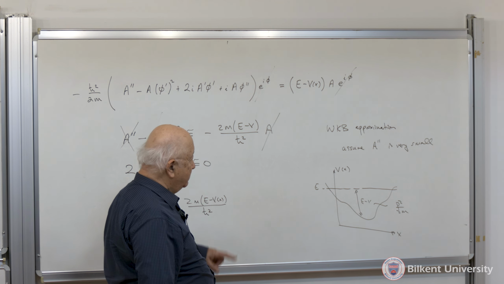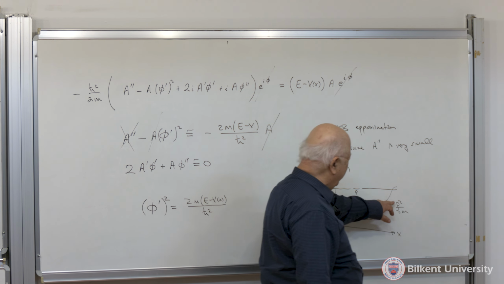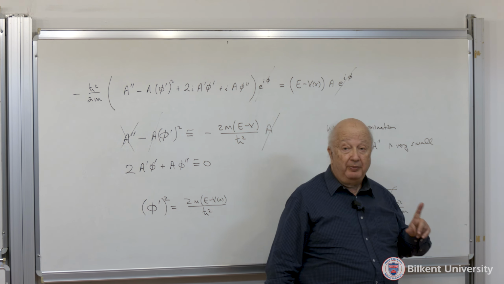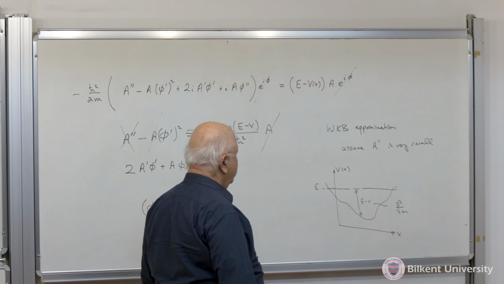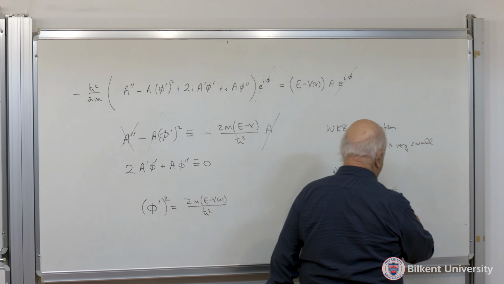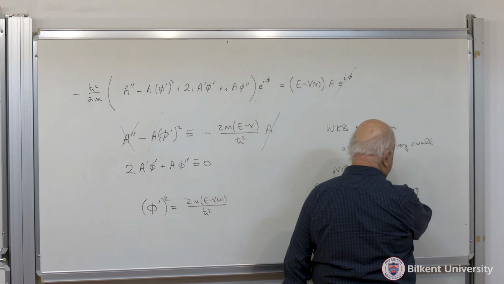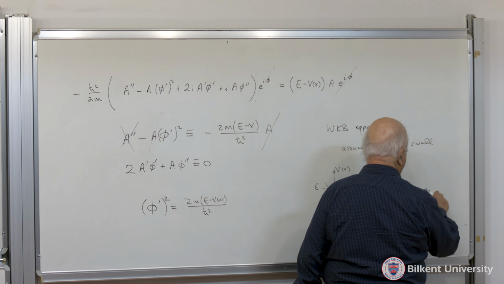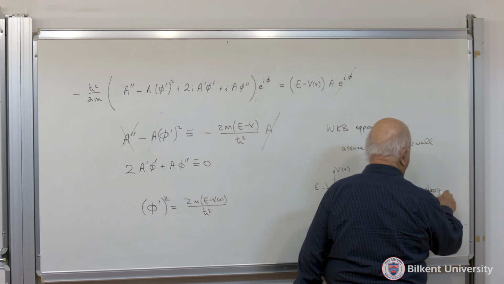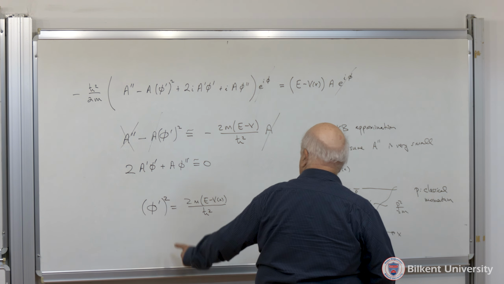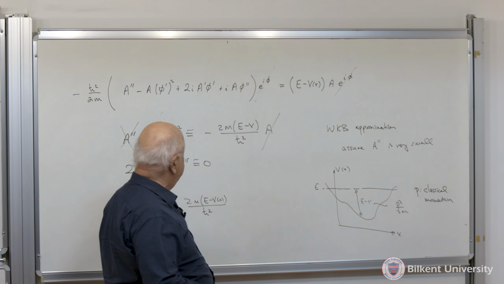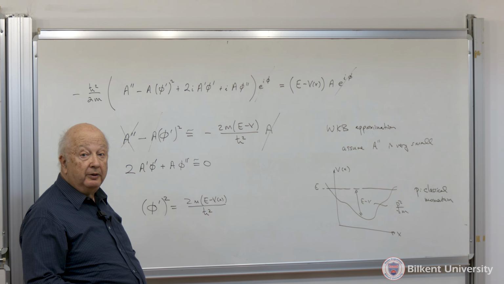This p is no longer our quantum mechanical momentum. It's just the classical momentum. So this p that I am writing down for the purposes of this chapter is the classical momentum. And you can see that this numerator is just p squared.